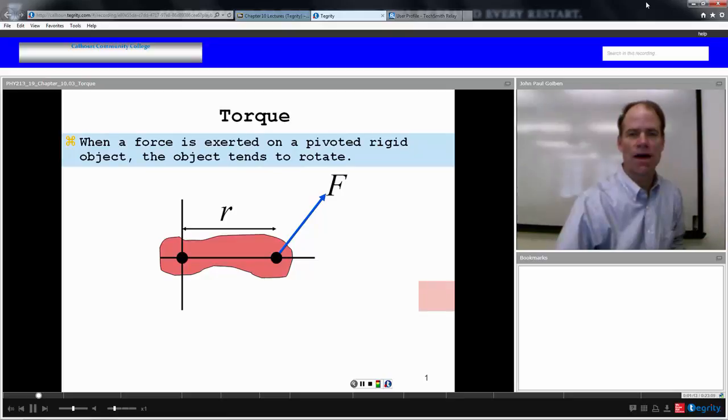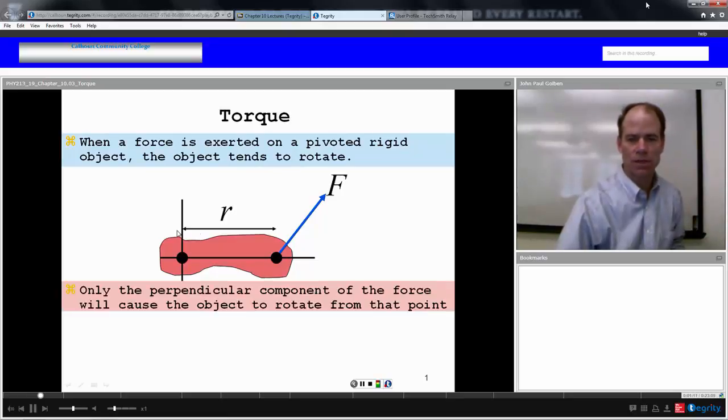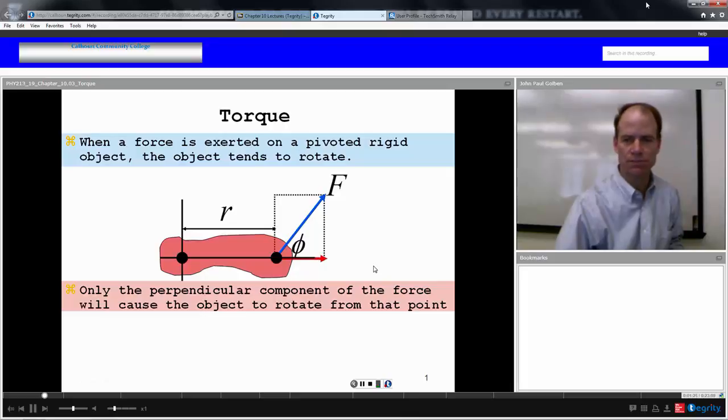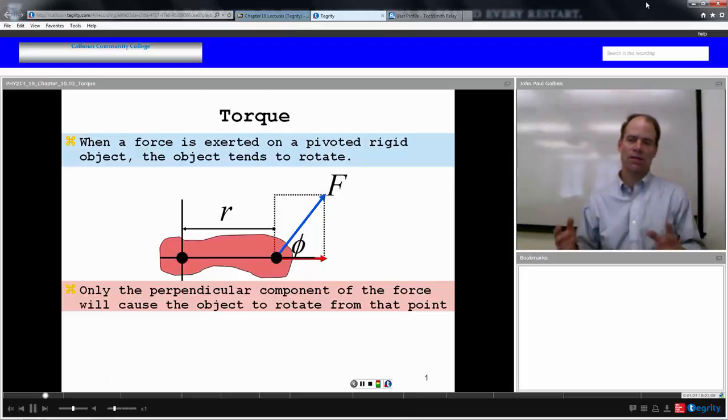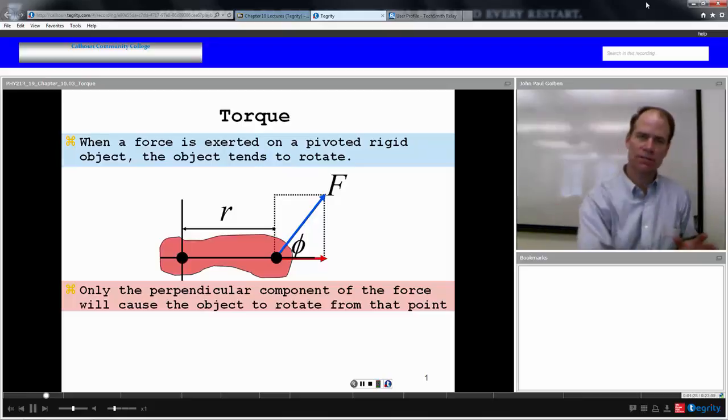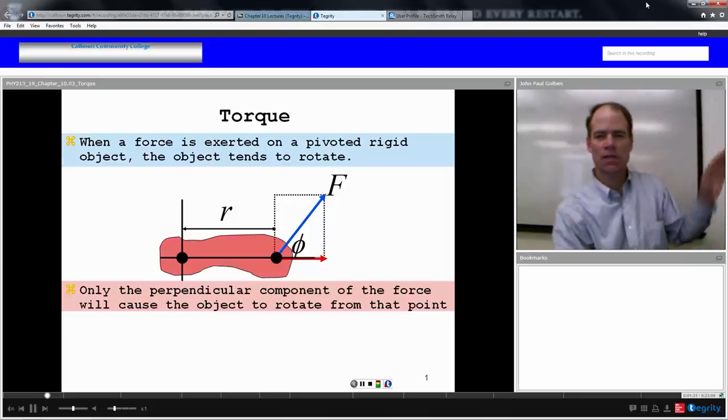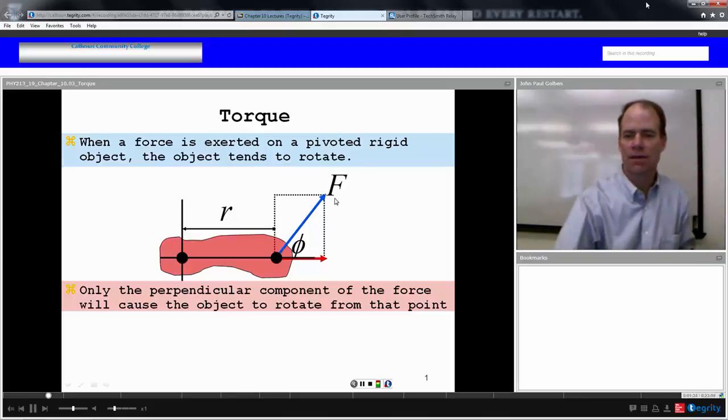We're going to define the torque as being equal to the distance to that point where the force is applied times the perpendicular component of this force. Now if the angle between that radial direction and that force is phi, then the perpendicular component is going to be equal to F sine phi.